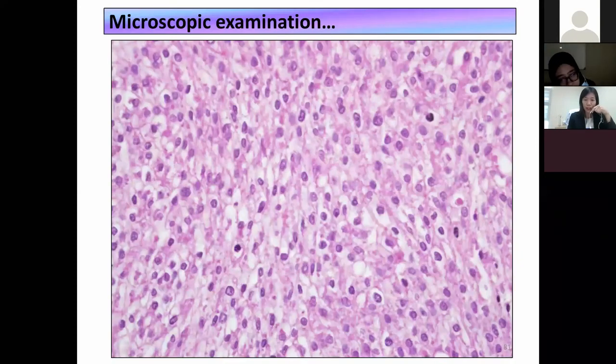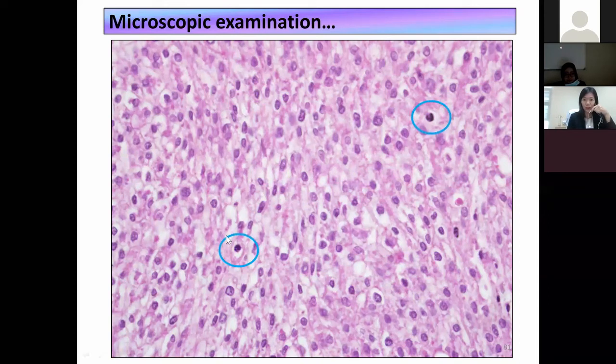At higher magnification, there is some anisonucleosis, with round to oval nuclei, inconspicuous nucleoli and abundant clear to eosinophilic cytoplasm.